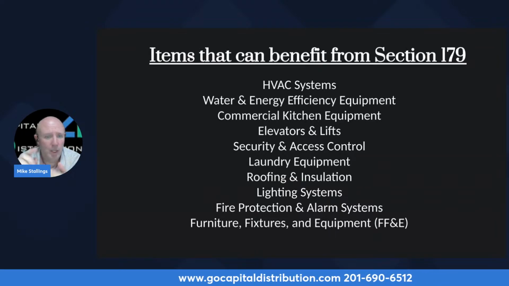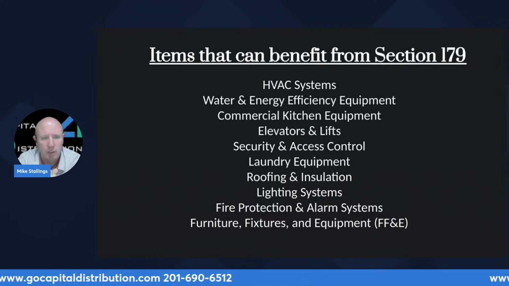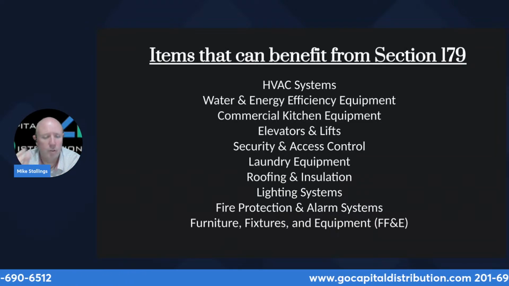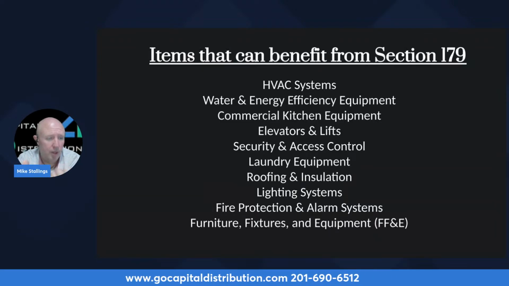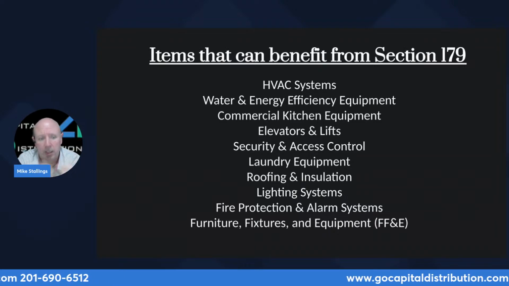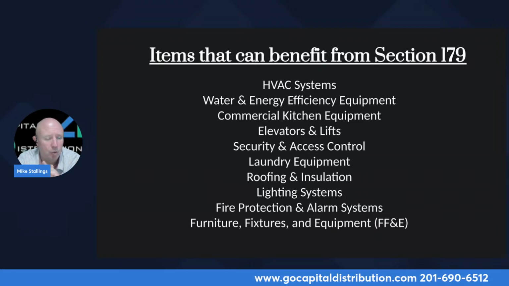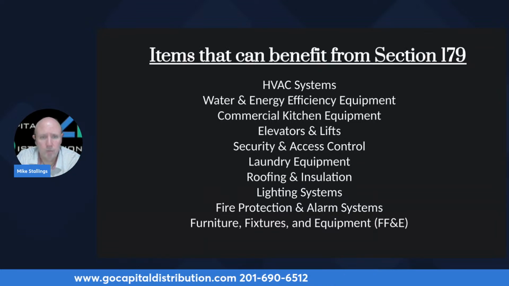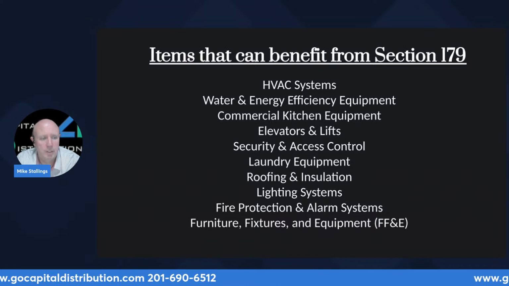It's anything from HVAC systems, water and energy efficiency equipment, which I'm going to talk about shortly, but also commercial kitchen equipment, elevators, lifts, security details, laundry equipment if you're buying washer dryers for the tenants or for your guests, roofing, lighting. All these things fall under it, and there's many more too. These are just some of the common ones that come up, and there are a lot of different ways that 179 can help you.